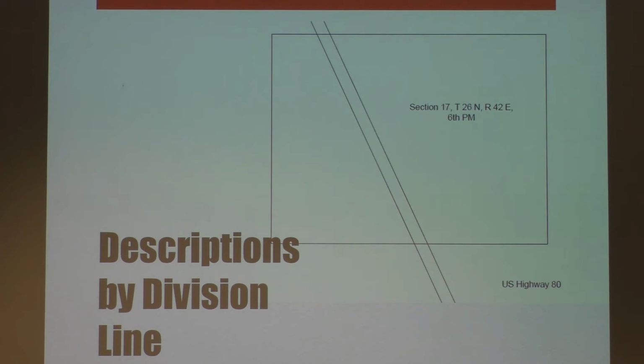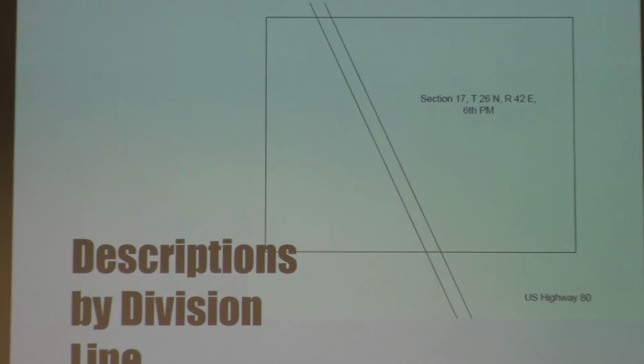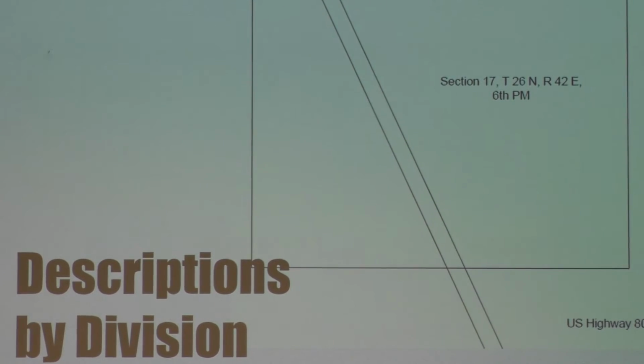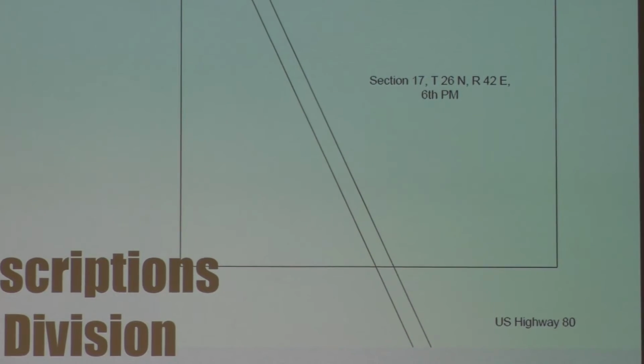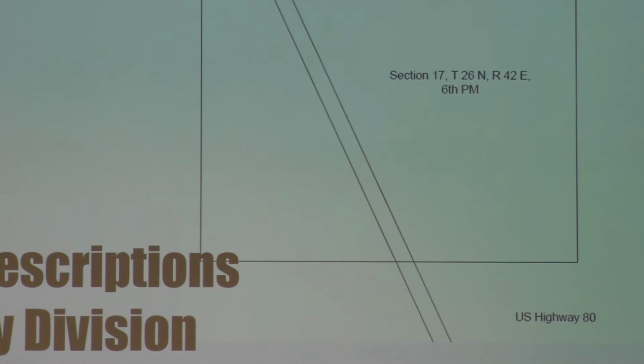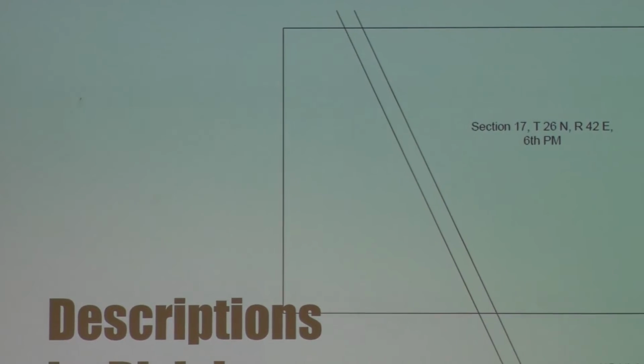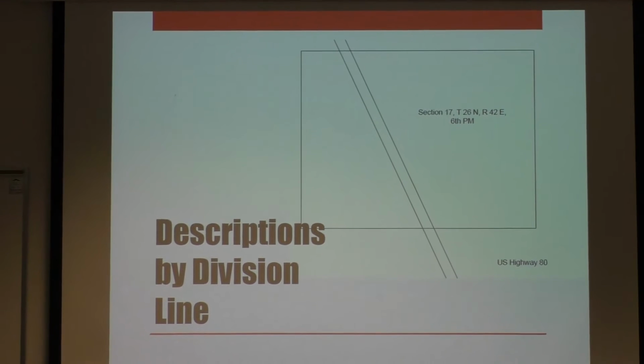I give the east half, the east part of my property on the east part of the road to my daughter, and I give the west part of the property on the west part of the road to my son. So then, who owns the property if they move the road? Well, these are all things that have created problems over time.